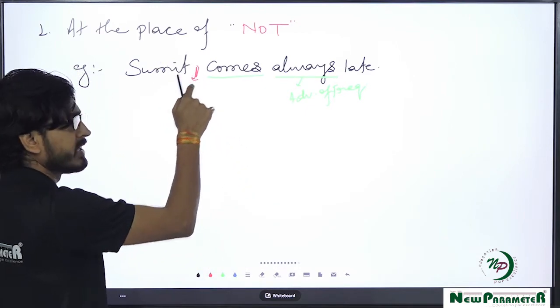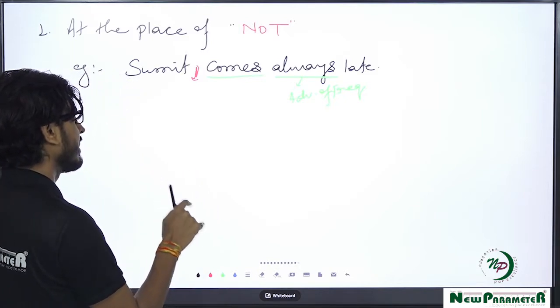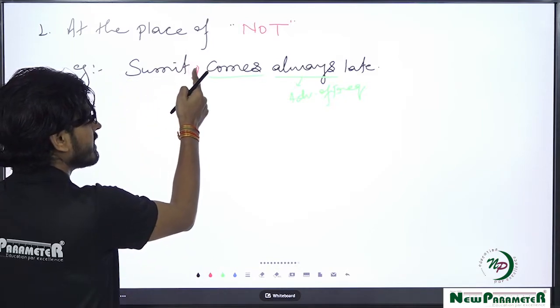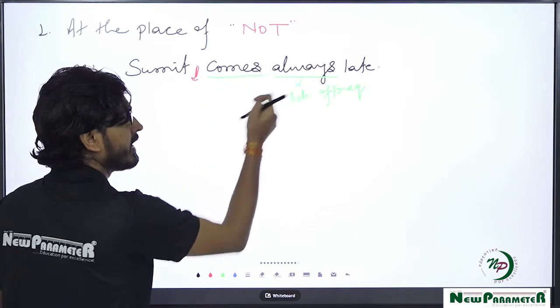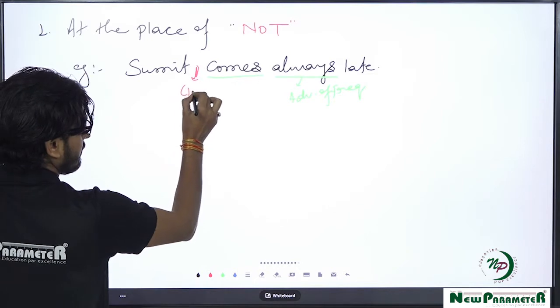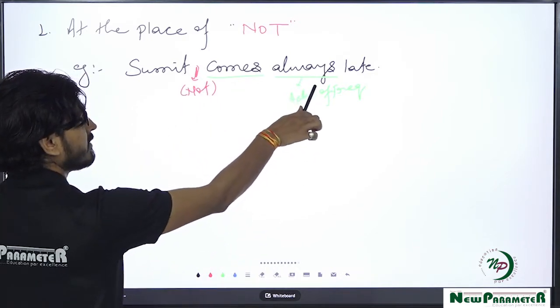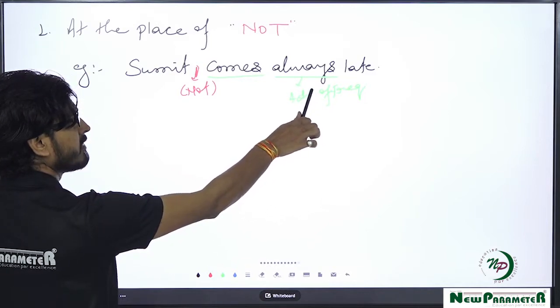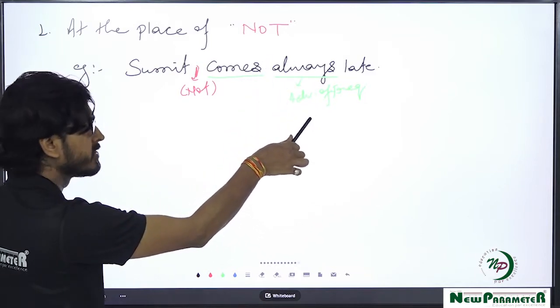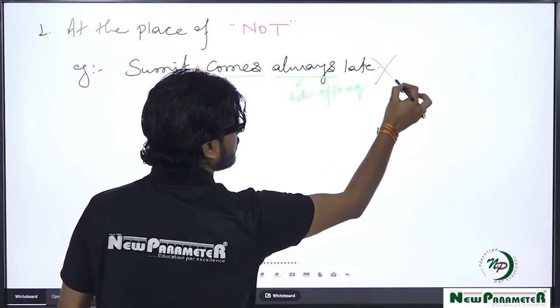If this sentence is formed in the negative, I should write here Sumit does not come late. It means the actual position of not is here. But always is an adverb of frequency and it has not been used at the place of not, so this sentence is wrong.